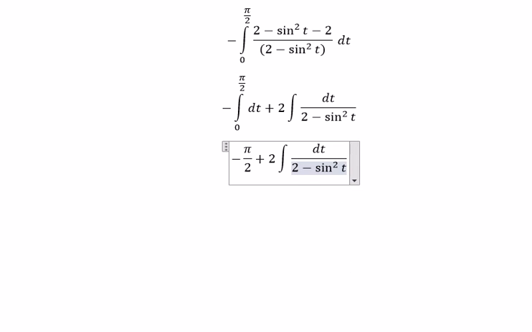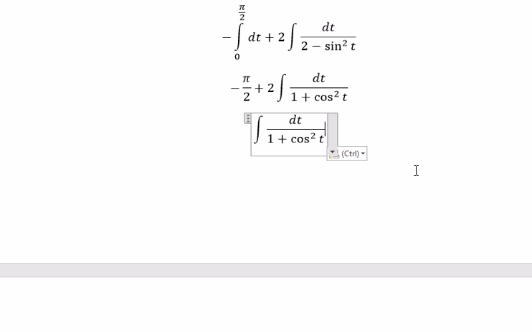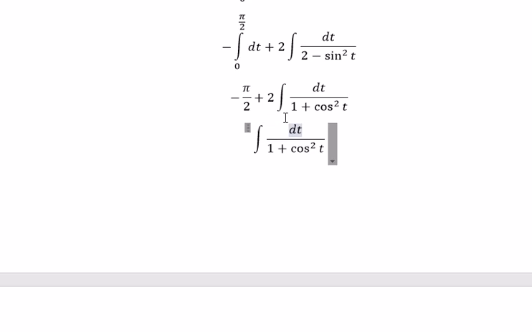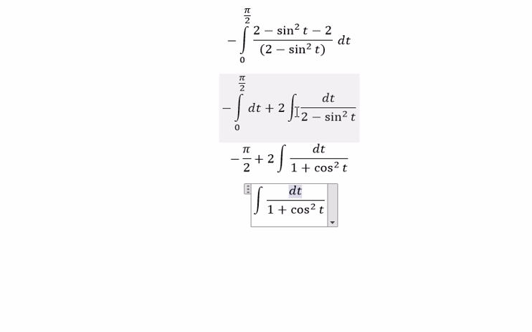Number 2, we got 1 plus 1. So 1 minus sine t squared, you got cosine t squared. Now I will concentrate on this one. We multiply with 1. Oh, I forgot the bounds in here.